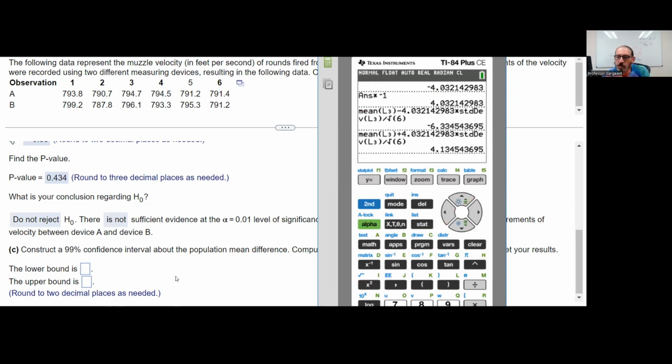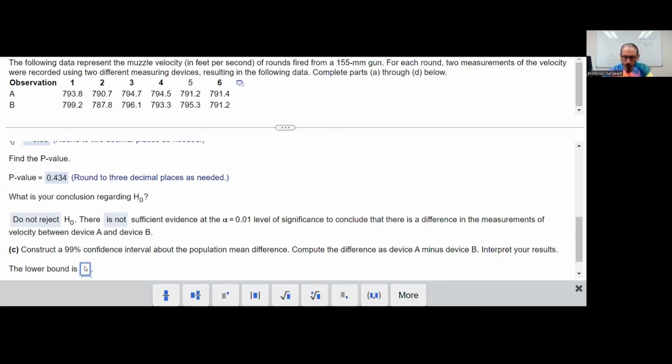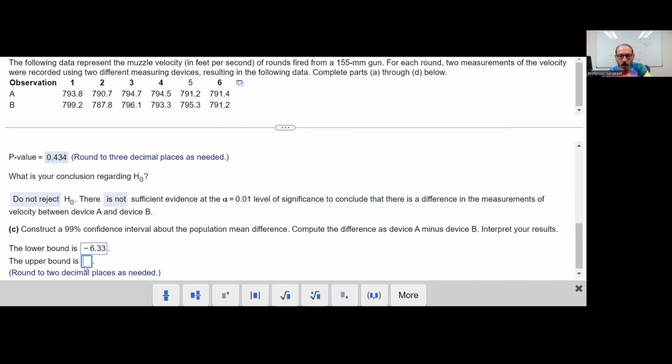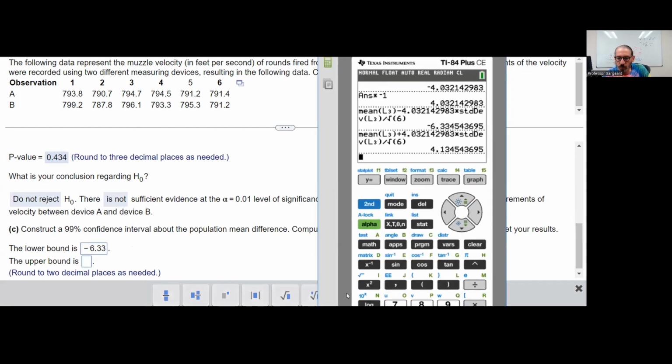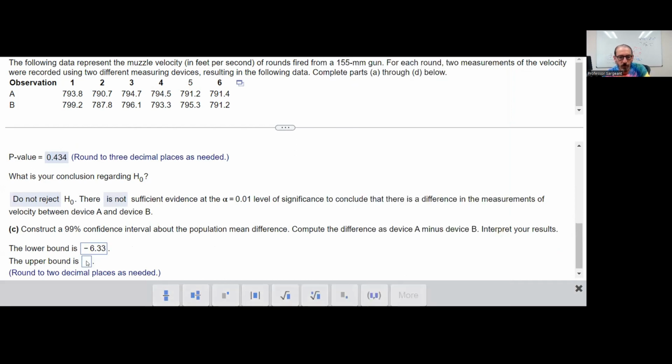2 places, negative 6.33 and 4.13. Each of them has a 4 in the thousandths place or 3 places after, so both of those are rounding down. Negative 6.33 and 4.13.